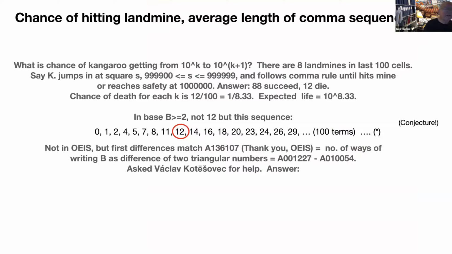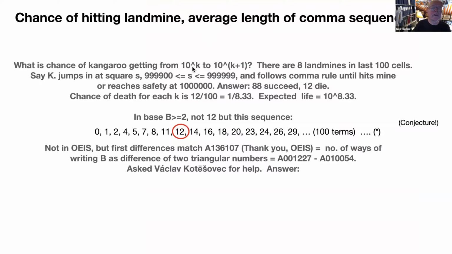The last section is, what's the chance of a kangaroo hitting a landmine? Can we say how long it's going to live on the average, the poor kangaroo? So let's look at what happens when we're going, say, from 100,000 to 1 million.